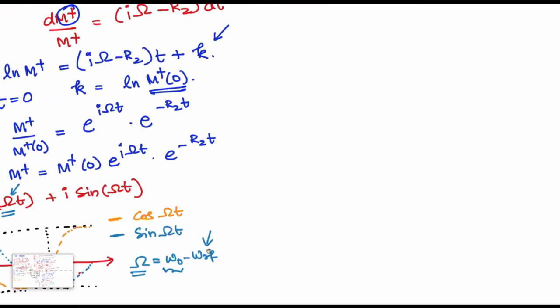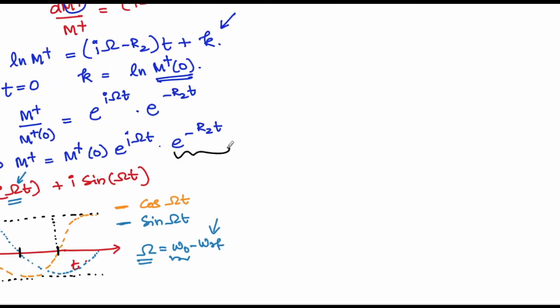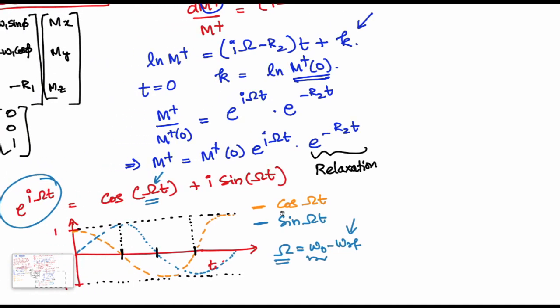On the other hand, the function that you're seeing here is relaxation. So let us plot this function as well. Let us say you have e power minus R2t within the same plot. Of course, it won't go from 1, it will go from M naught, but just for the sake of simplicity, I am drawing within the same curve.